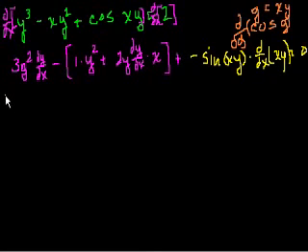So we have 3y squared dy/dx. Minus y squared.